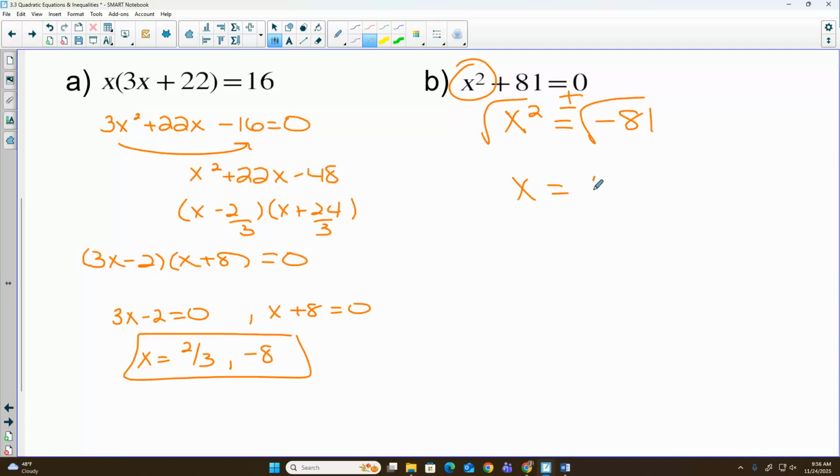What's the square root of 81? It'd be a positive and -9 on that one. So you could have tried like completing the square or something there. It just wasn't necessary because we only had the x in one spot. We were able to just isolate it. Any questions there?